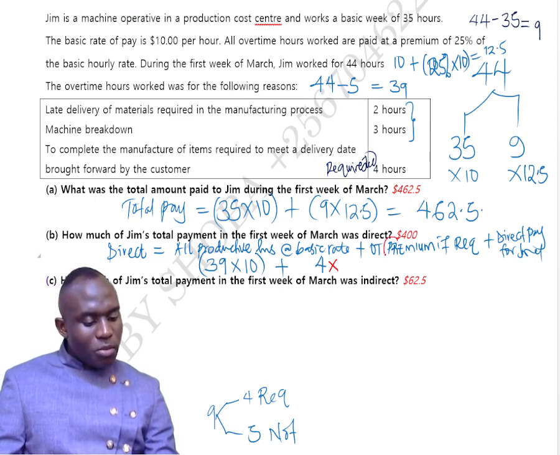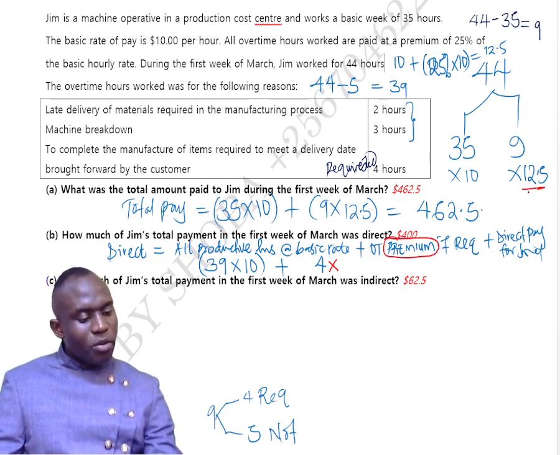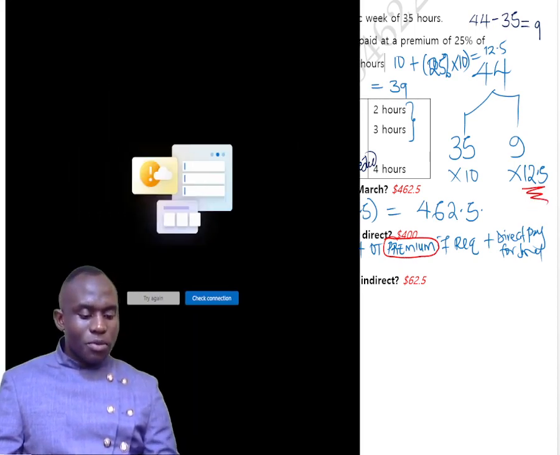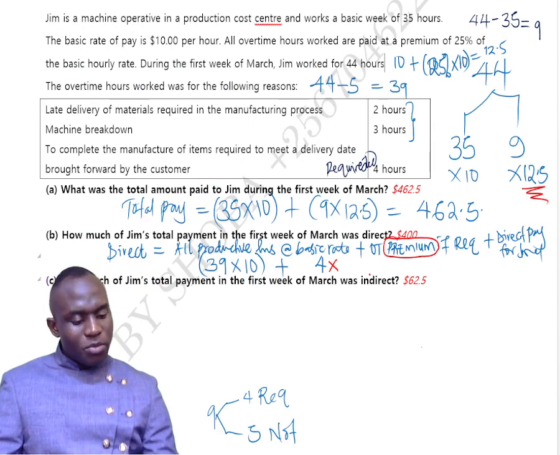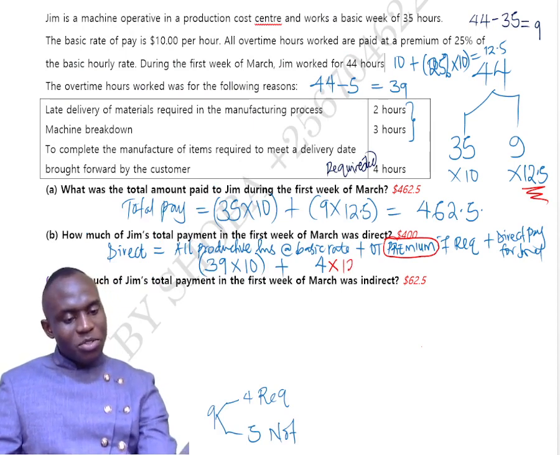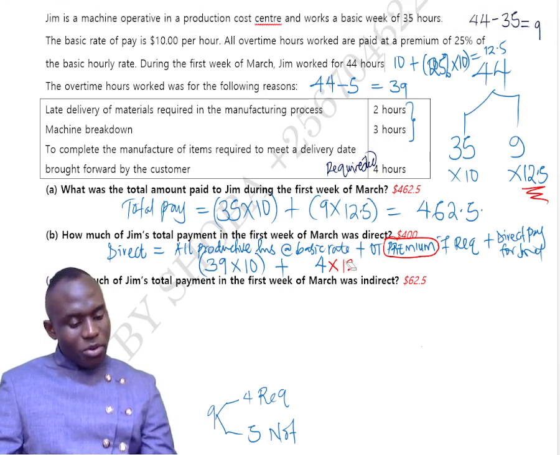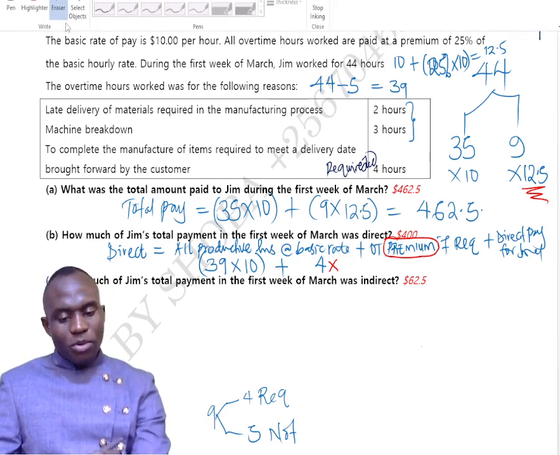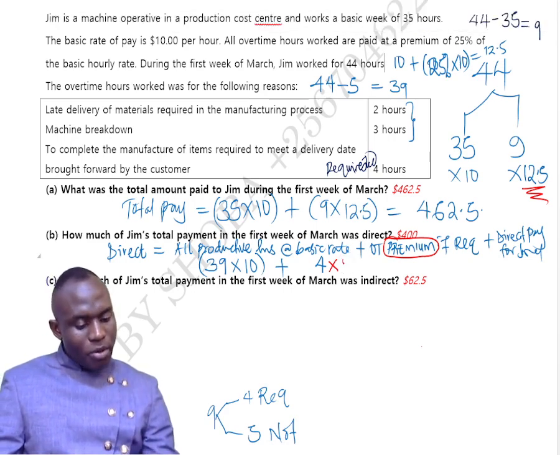It is not total payment of overtime. So don't multiply by your 12.5. It is only the premium. So it is 4 times only 2.5, not 12.5. You only multiply by the premium 2.5.